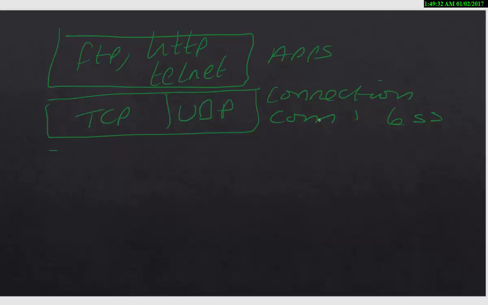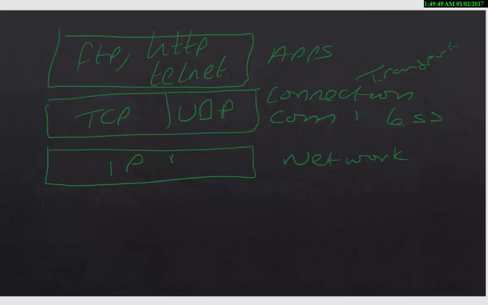and then you have, so that's your transport layer, and then you have your network layer, which is the IP, so it's your routing and your IP addressing.